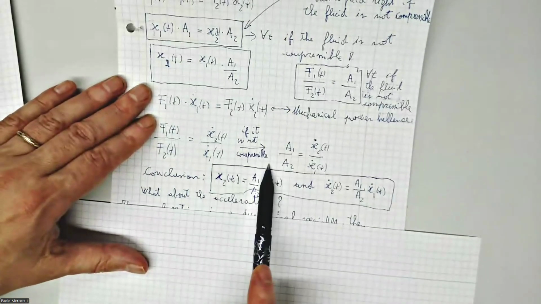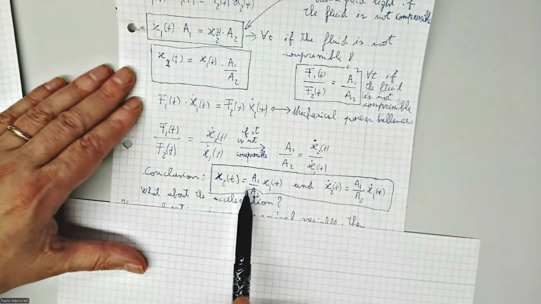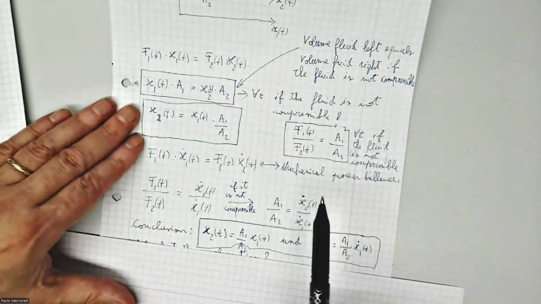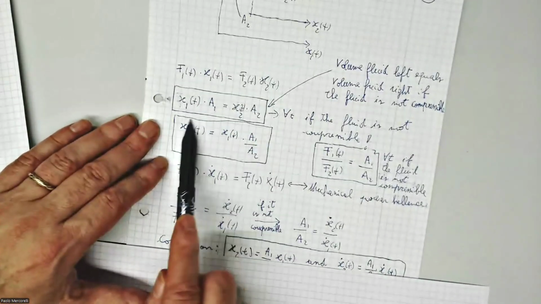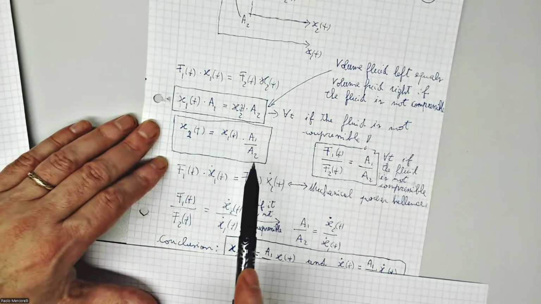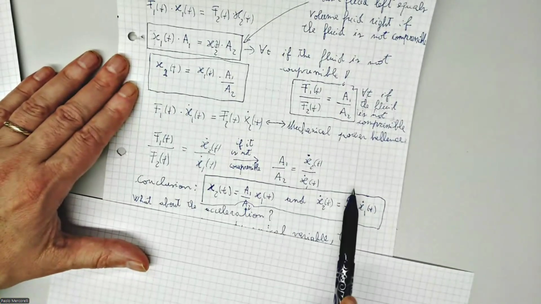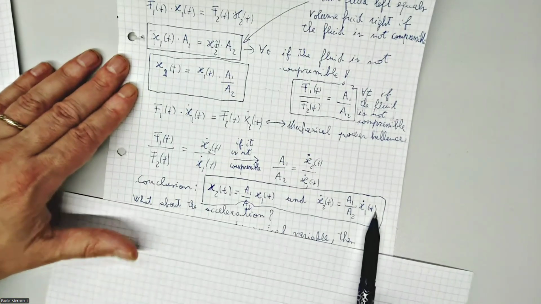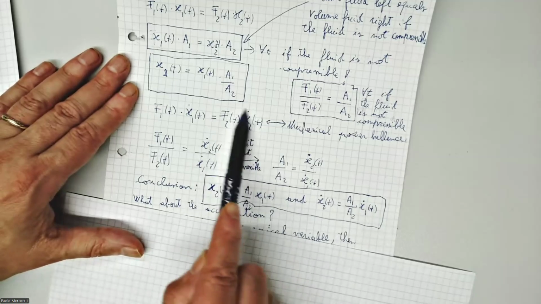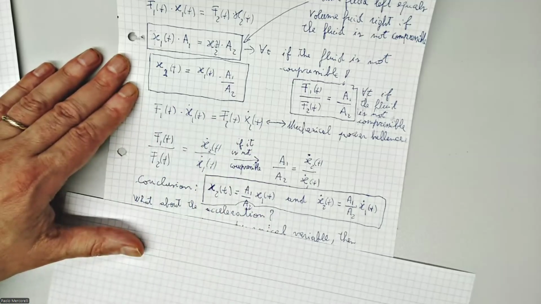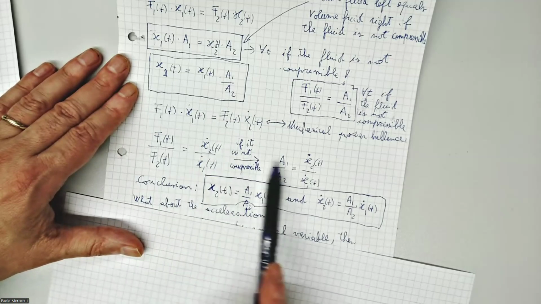Conclusion. x2 from here is equal to x1 multiplied by a1 divided by a2, and x2 derivative is equal to a1 divided by a2 multiplied by x1 derivative, from the power balance from here.